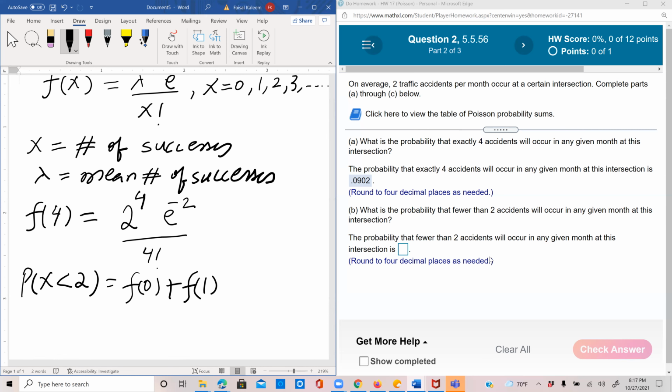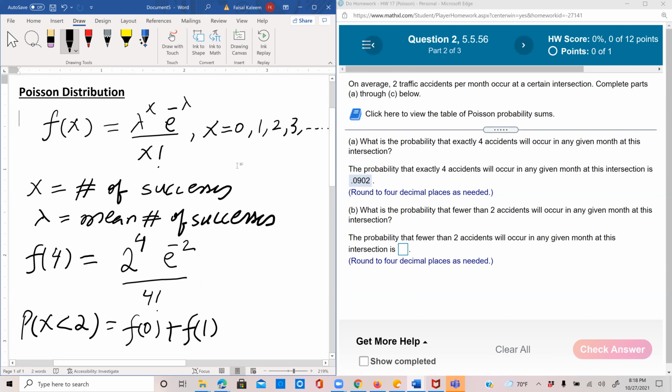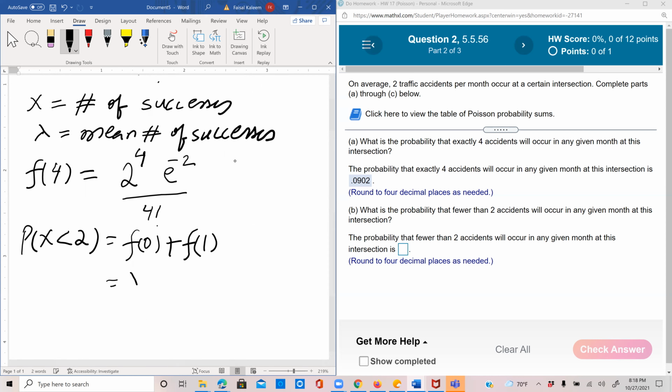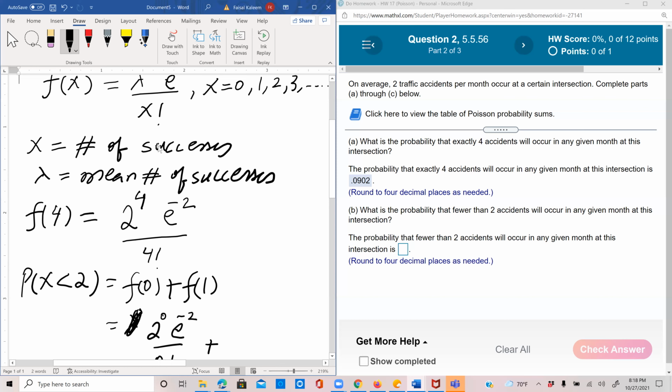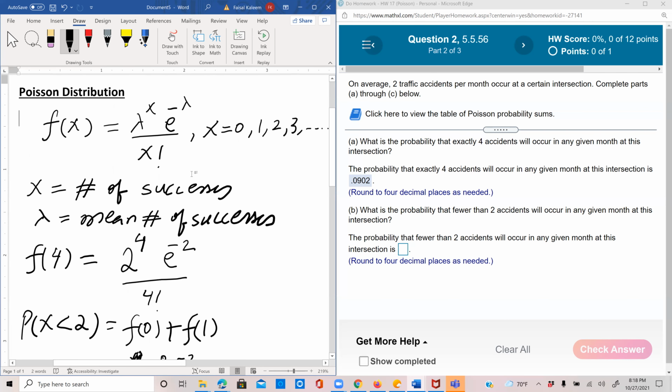So f of 0 would be lambda power 0, and lambda was 2, so 2 power 0, e power minus lambda, so e power minus 2, over x factorial, based on f of x being lambda power x, e to the minus lambda, over x factorial.